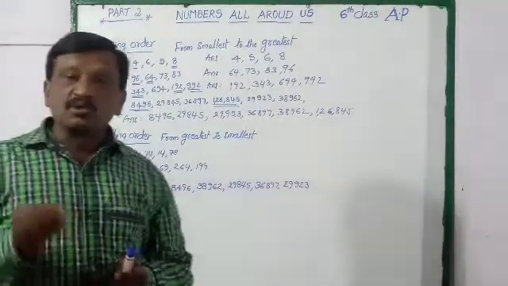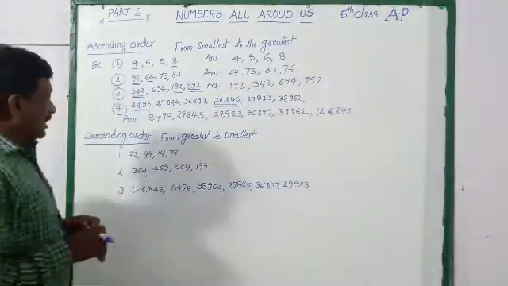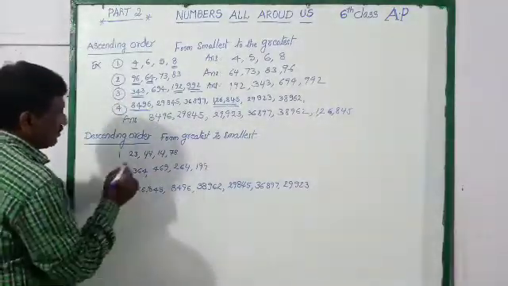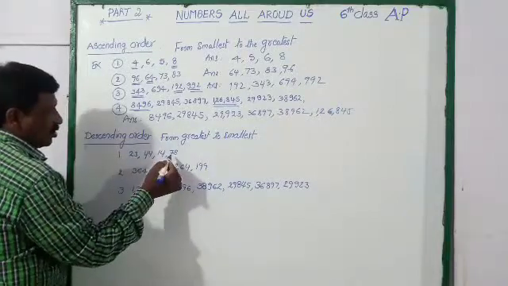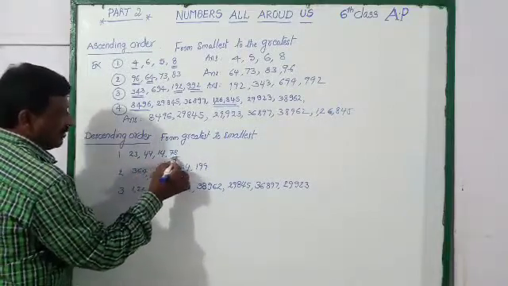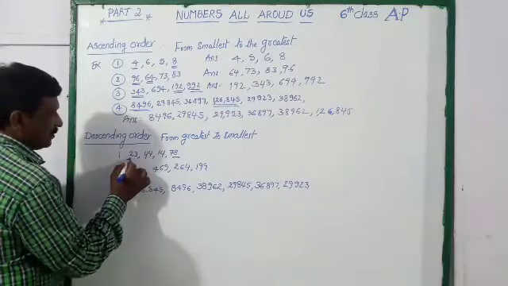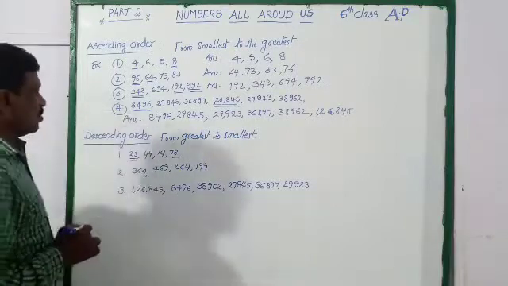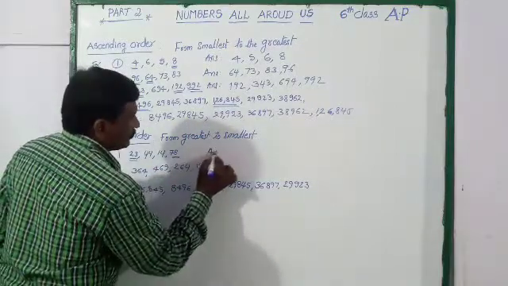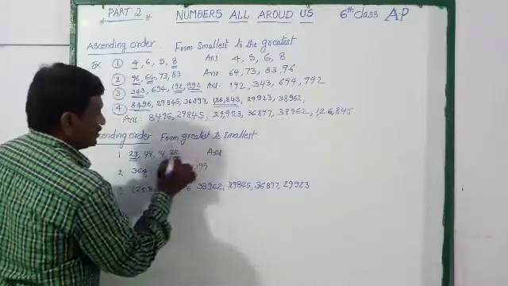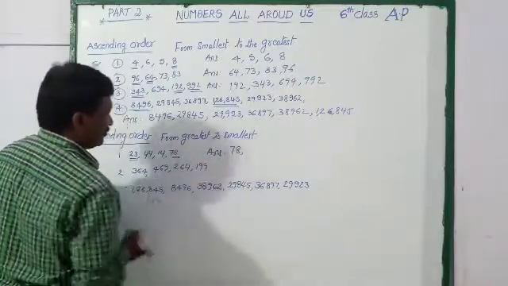From greatest to smallest is called the descending order. Which is the greatest number in the row? The greatest number is 78. Which is the smallest number? 23. So the answer from greatest: 78.